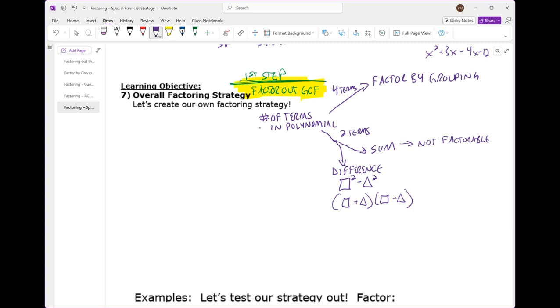Most of our factoring has 3 terms. And I have the same strategy whether A is equal to 1 or A is not equal to 1. But sometimes people do different things. For me, I do the same thing no matter what.